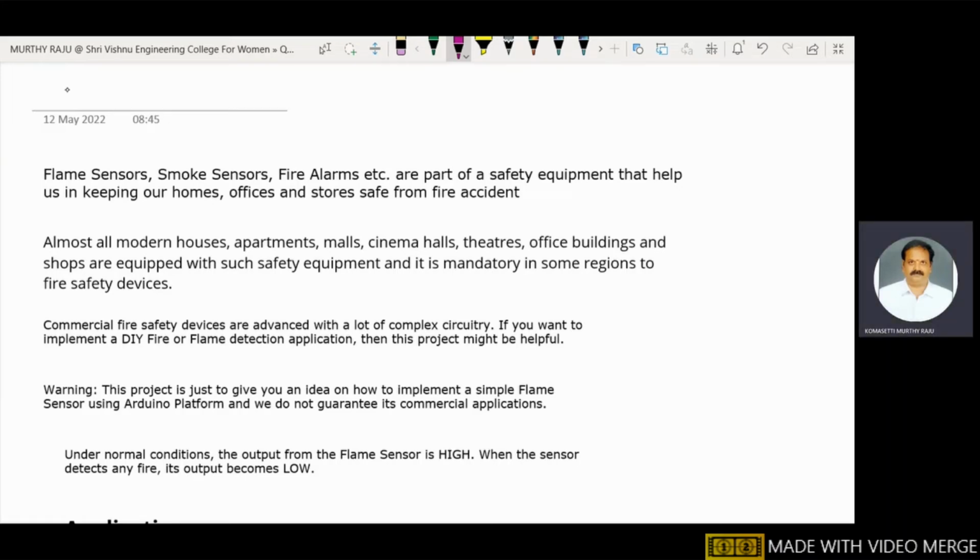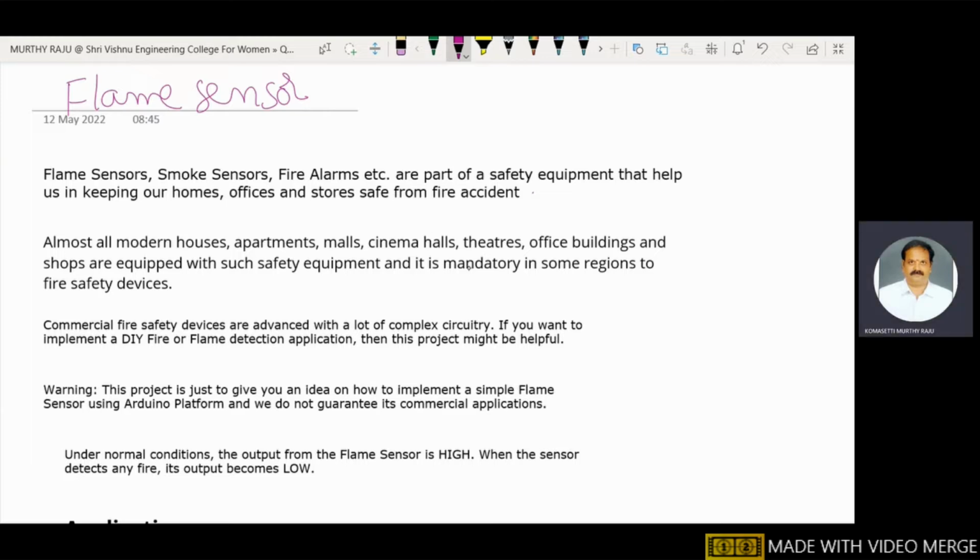In this video, the topic to be discussed is the flame sensor. Flame sensors, smoke sensors, fire sensors, etc. are part of safety equipment that help us in keeping our homes, offices, and stores safe from fire accidents.